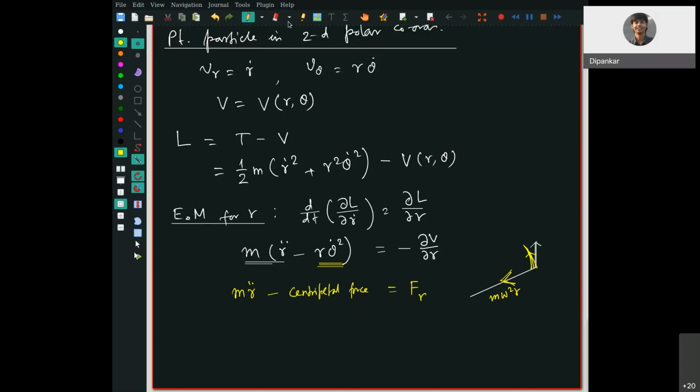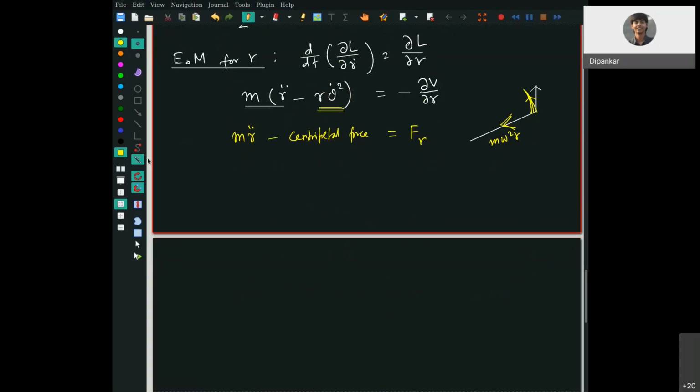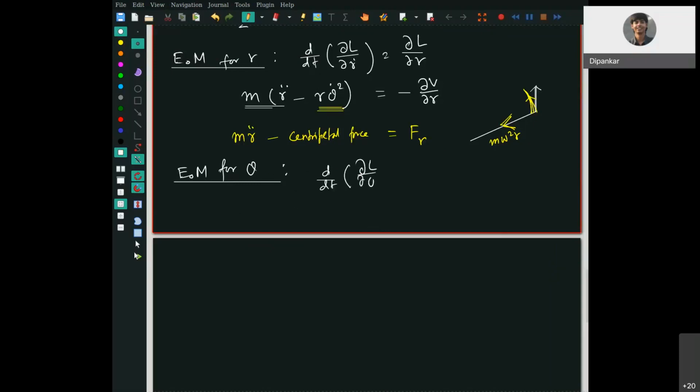And in the next, the more interesting part is the equation of motion for theta. So that, if you calculate, would be d dt of del L del theta dot equals del L del theta.